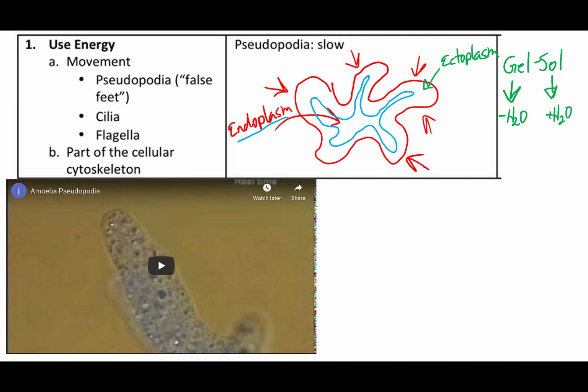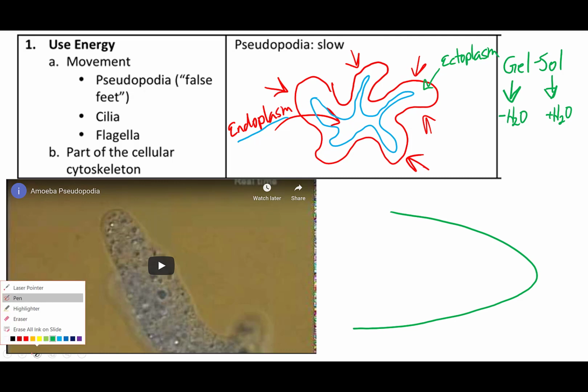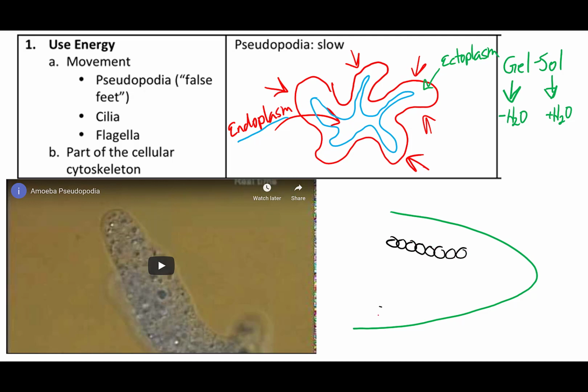And the other thing that it uses is actually these proteins. So we blow this up a bit. It's two proteins in particular. That's an actin protein, and you don't need to write this stuff down if you don't want to.